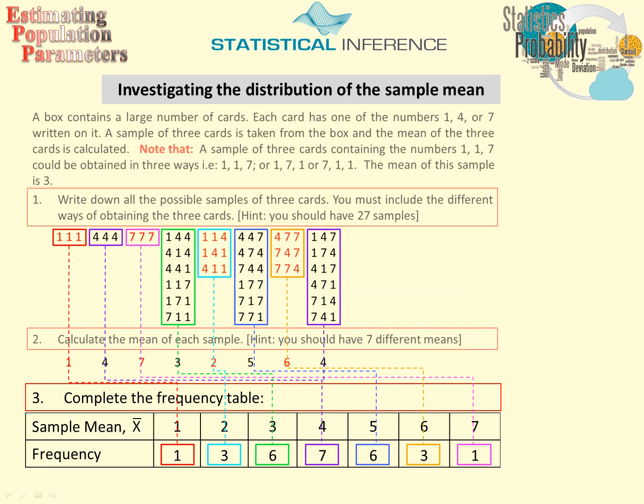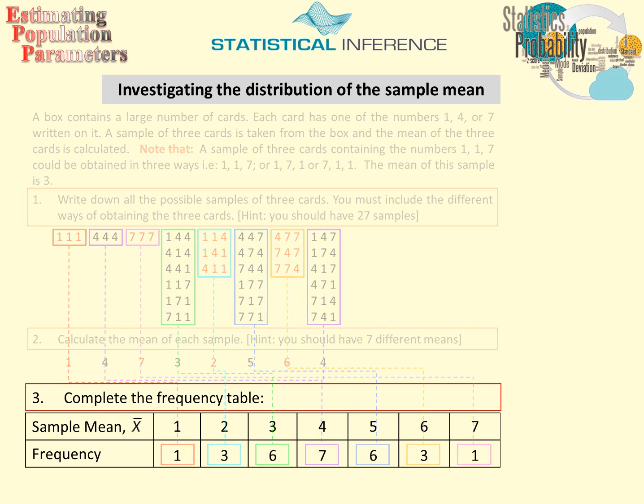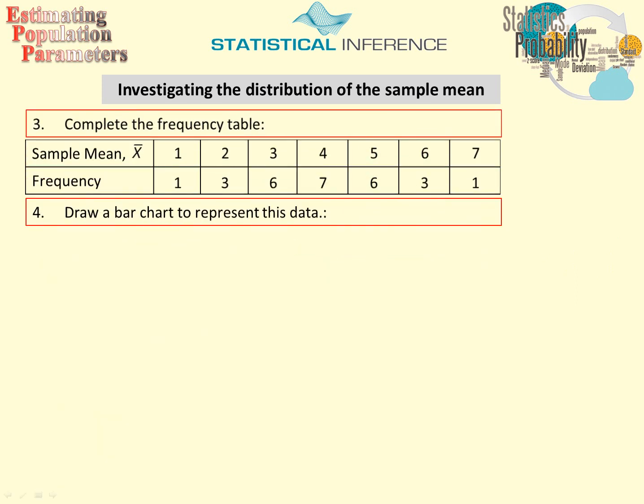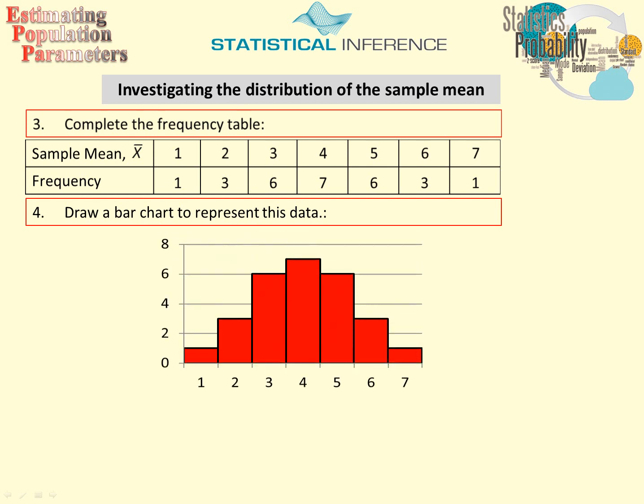And that's how we obtain those various frequencies. Remember now that we are finding these sample means with a view to estimating the mean of all the cards in the box, the population, by just using these samples.